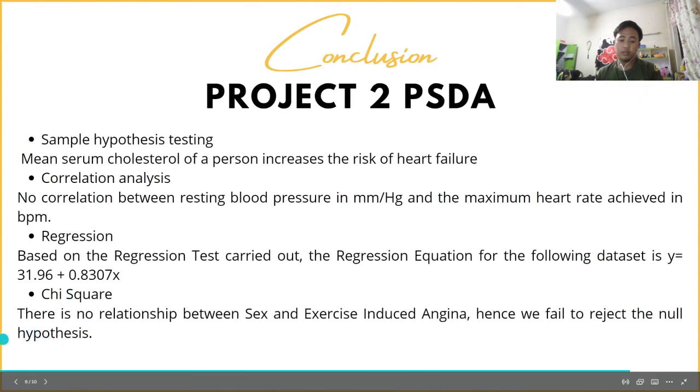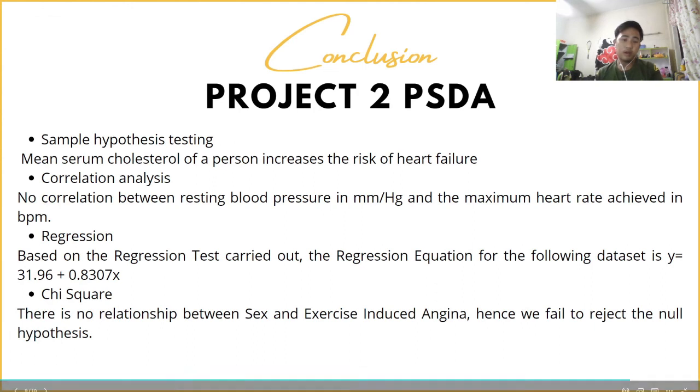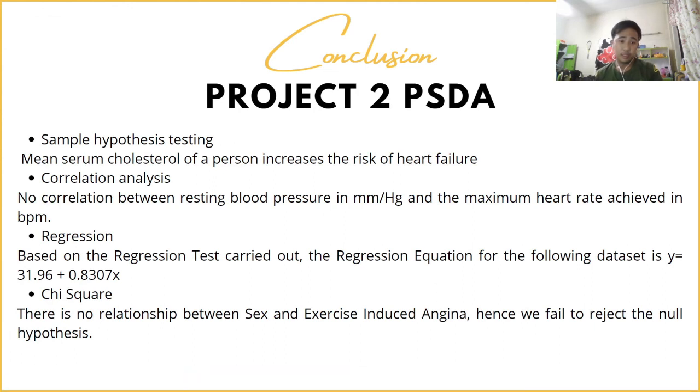Okay, the next one is the conclusion. For the one sample hypothesis testing, we found that a mean serum cholesterol of a person increases the risk of heart failure. For correlation, there is no correlation between resting blood pressure in mm/Hg and maximum heart rate achieved in BPM.